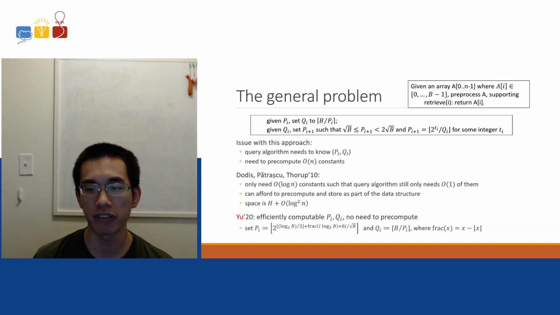Due to the lack of time, let me not explain all the details here. But the conclusion is that we could set p_i to be this quantity, and then also set q_i to be b over p_i rounded up. And it's not very hard to verify that this can be computed by the query algorithm, given i, in constant time.